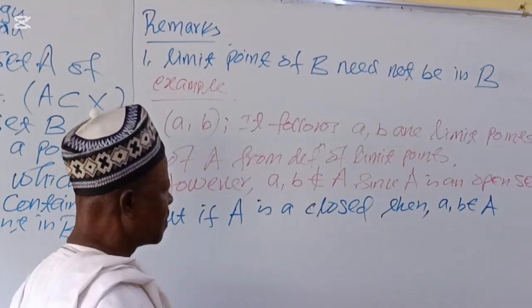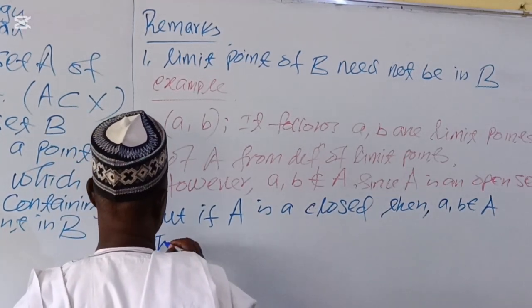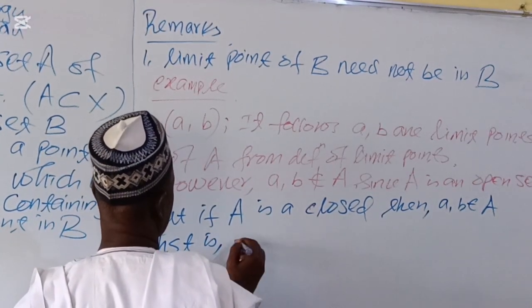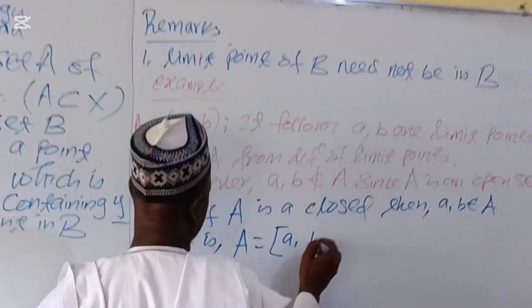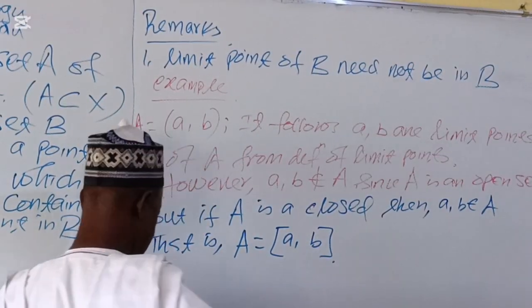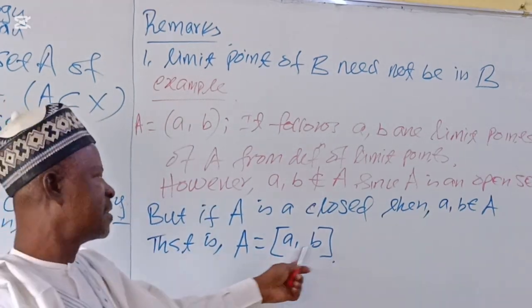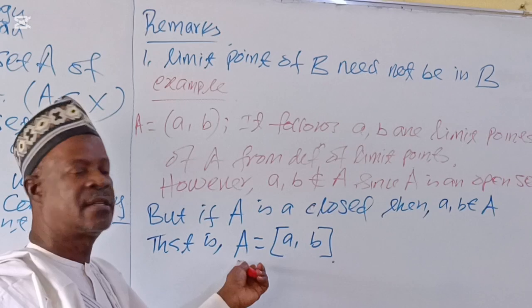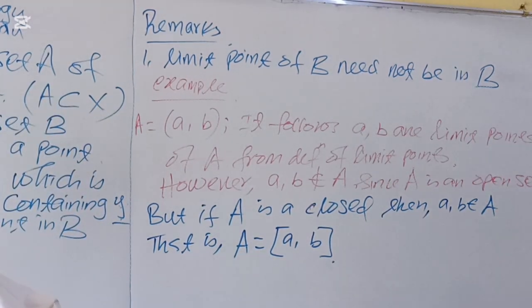Yes. And we write that as closed interval [A, B]. Okay. A and B are still the limit points, but they are inside A now.